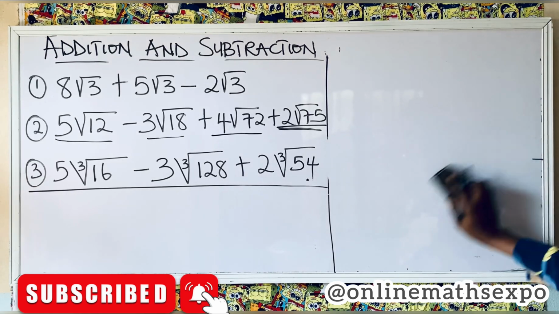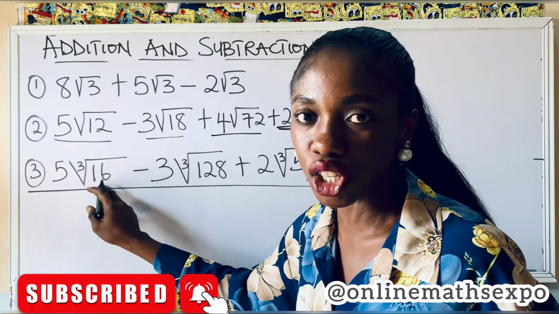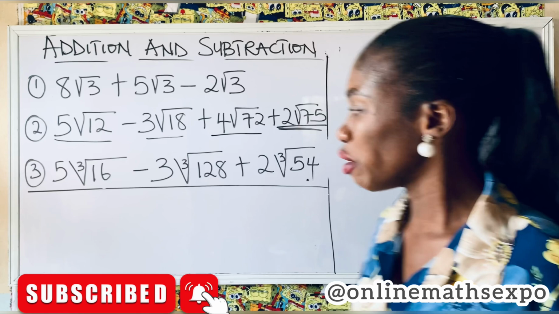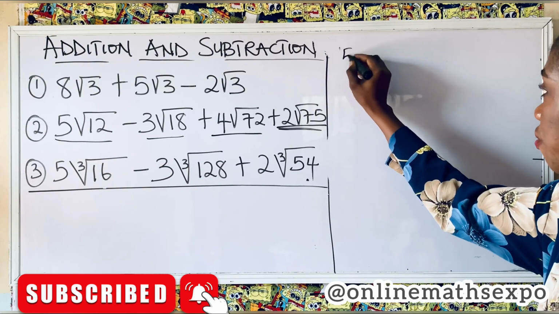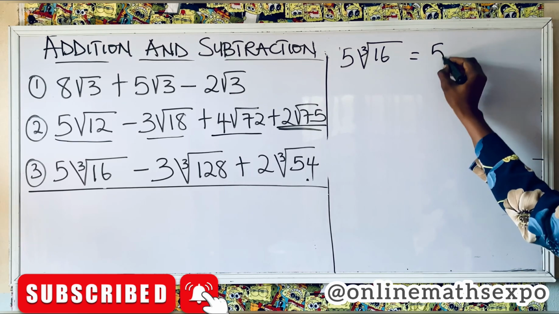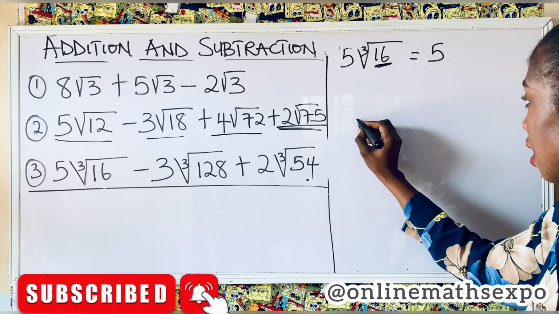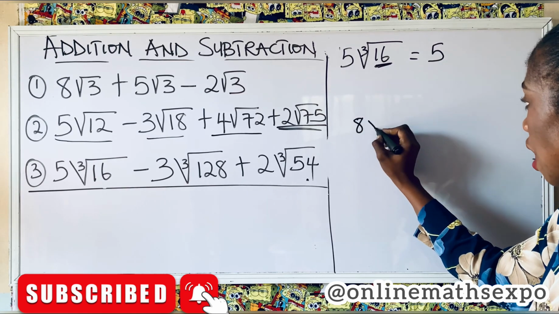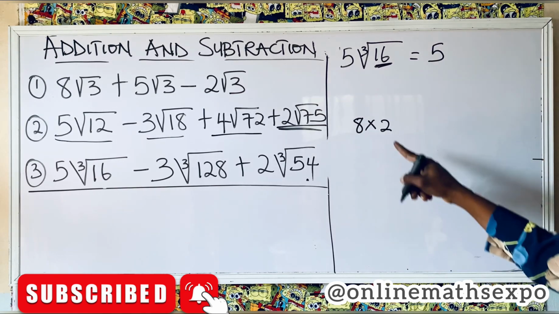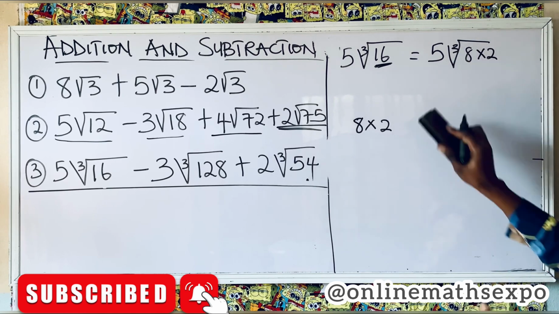To do that, we are going to have 5 cube root of 16. What is the perfect cube in 16? We are going to have 8, and 8 multiplied by 2 will give us 16. So the perfect cube there is 8, multiplied by 2.